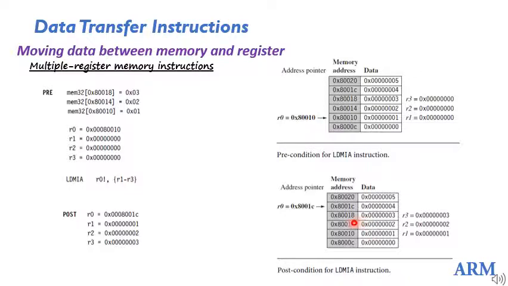The next memory location is 80018, the content of that location, which is 3, is loaded into R3, and the next memory location that R0 is now pointing to is 8001C. So because of the exclamation mark, R0 will be updated to 8001C.